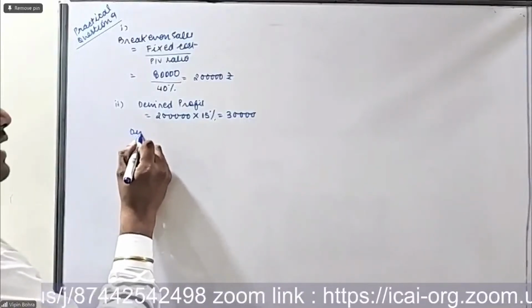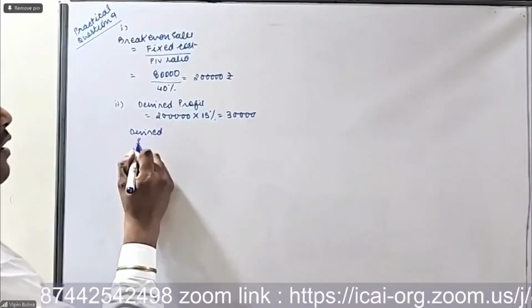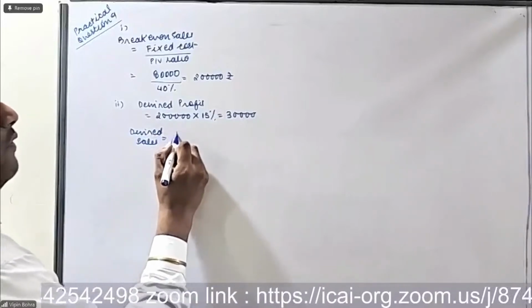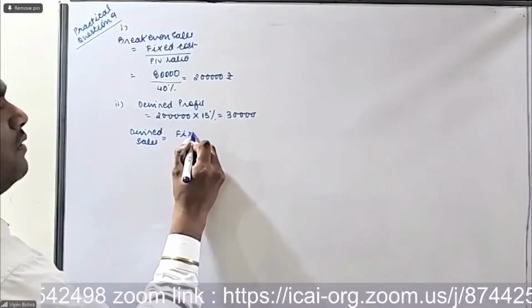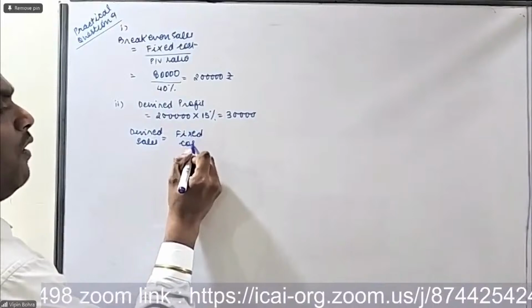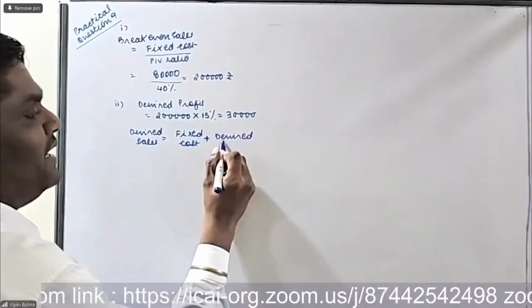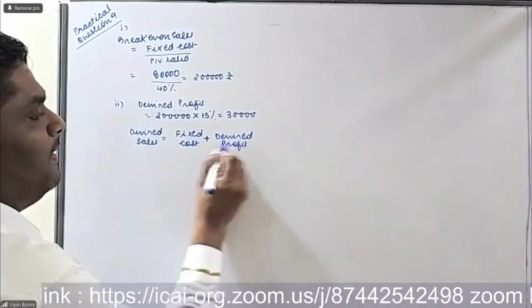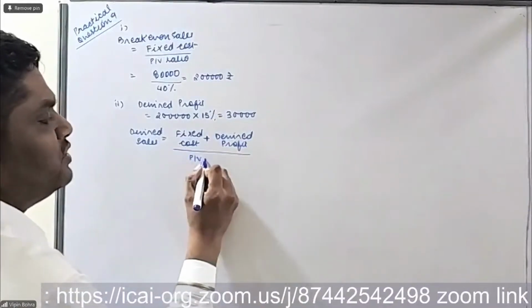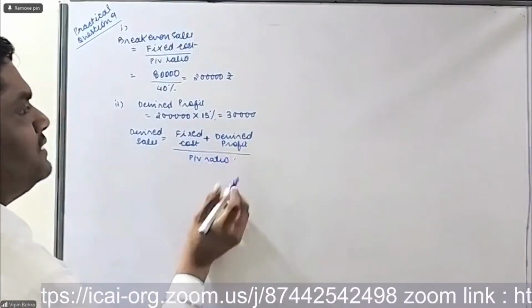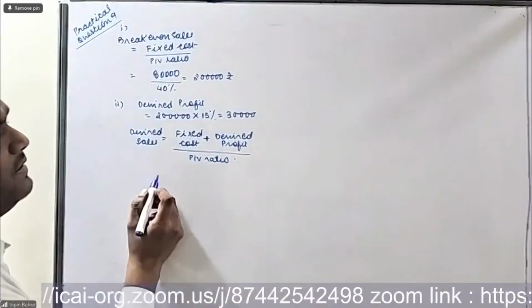So my desired sales will be how much? Fixed cost plus my desired profit divided by my PV ratio. So this is how we will get our desired sales.